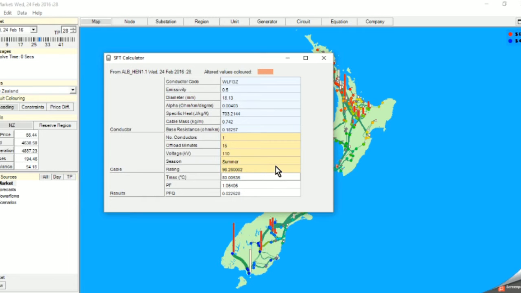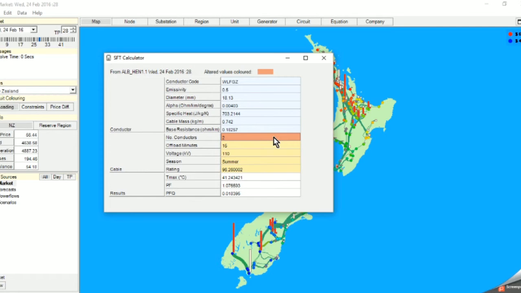So let's just suppose that I added another conductor. We'll put 2 into the number of conductors. And we'll see that for the same thermal rating, the temperature of the cable has dropped significantly. So Tmax has virtually halved, which isn't surprising since we've added another cable for the same thermal rating.